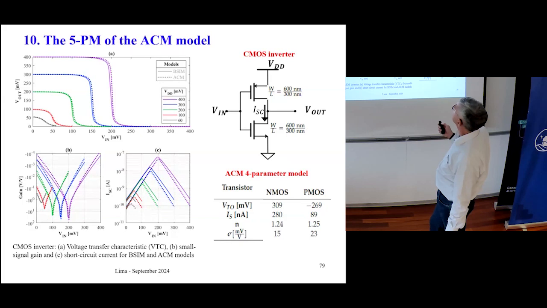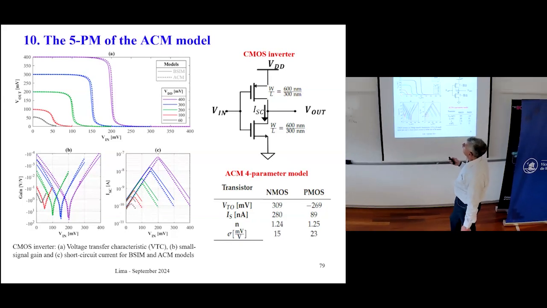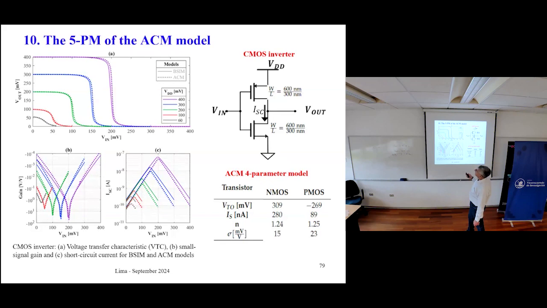Here, this first one is for 400 millivolts. You see that the logic levels are very clear here, 400 millivolts and 0. But for 100 millivolts, well, I would say the high and low levels are very clearly defined.